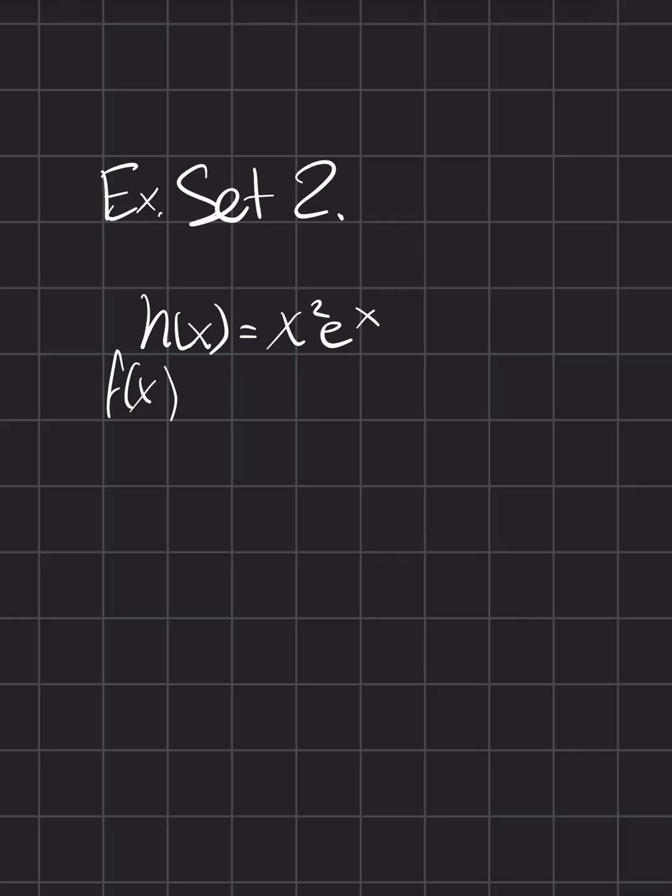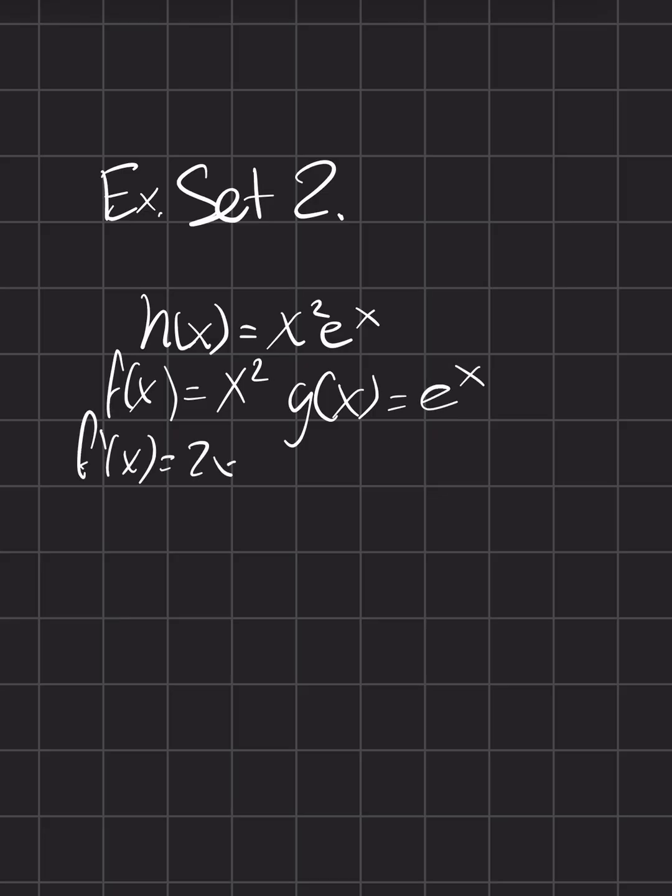Let's say that f of x is equal to x squared, g of x is equal to e to the x, f prime of x is equal to 2x, and g prime of x is equal to e to the x, as we just learned before. Then we apply the product rule, which I can write down again here.